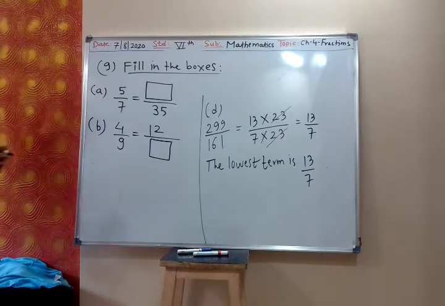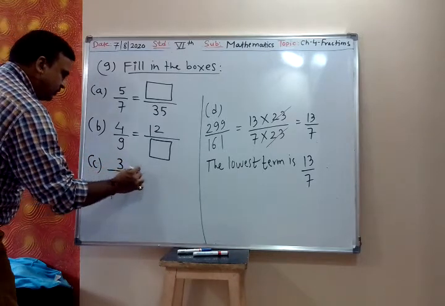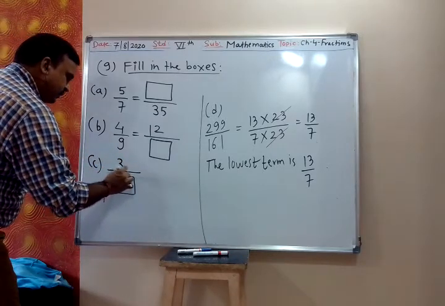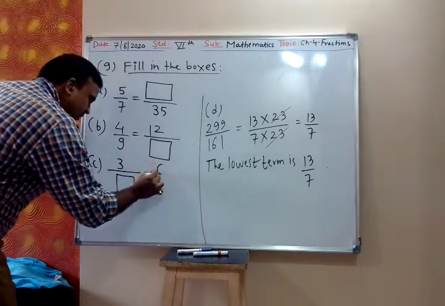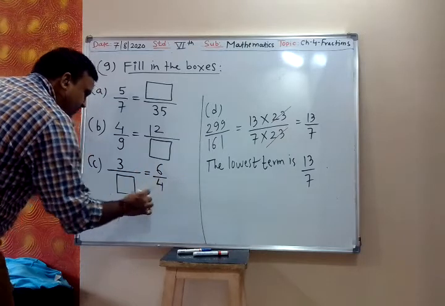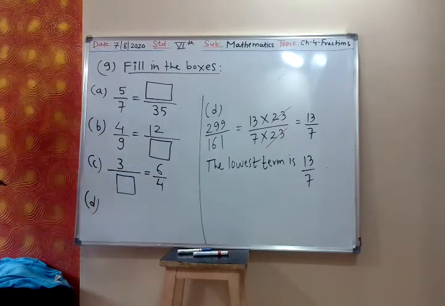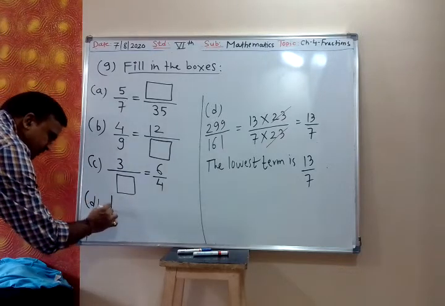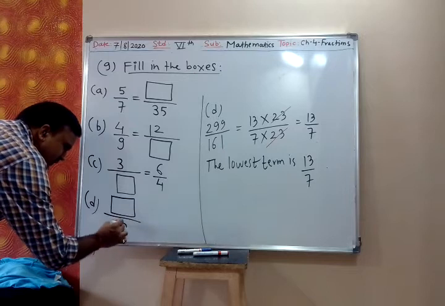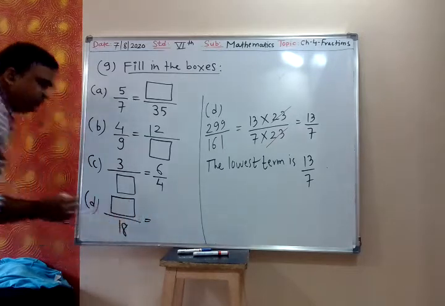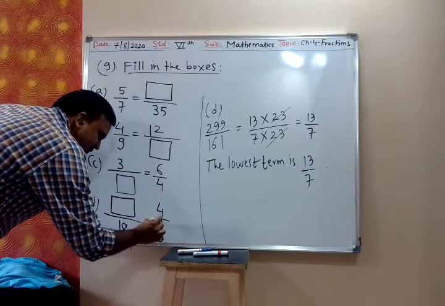Then C: 3 upon box is equal to 6 by 4. D: box upon 18 is equal to 4 by 9.